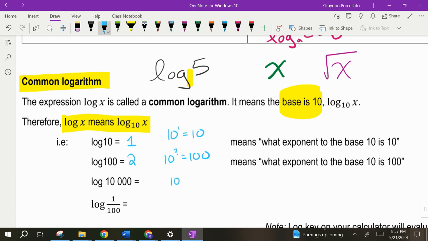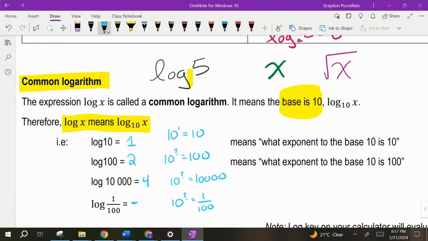The next one's saying 10 to the power of what is 10,000? Well, I know that 10 to the power of 4 is 10,000. The next one's saying 10 to the power of what is 1 over 100? Again, you can type this into your calculator, or maybe you know that 10 to the power of -2 is 1 over 100.